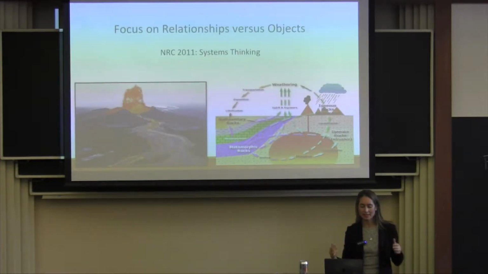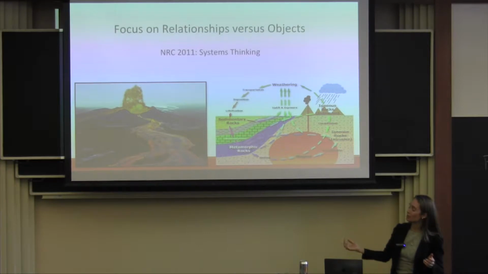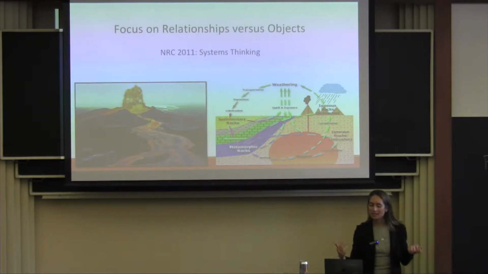And I just want to highlight that this notion of comparing relational representations isn't something that's really specific only to mathematics. You can think about science. Systems thinking is increasingly something that we're thinking about in science.